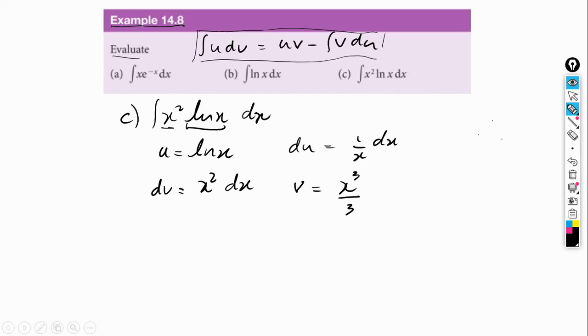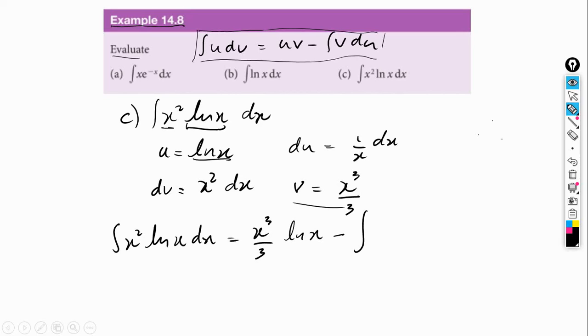So that means that the integral of x squared natural logarithm of x dx is equal to u times v, but we're going to put x cubed in front, so x cubed over 3 times the natural logarithm of x minus the integral of v du, so v is x cubed over 3, and du is 1 over x dx.